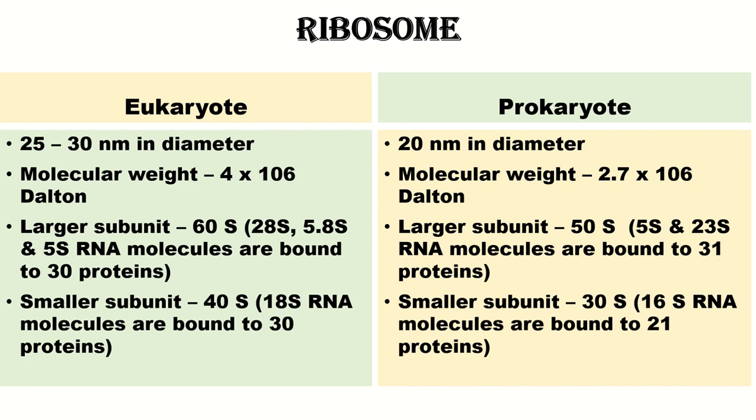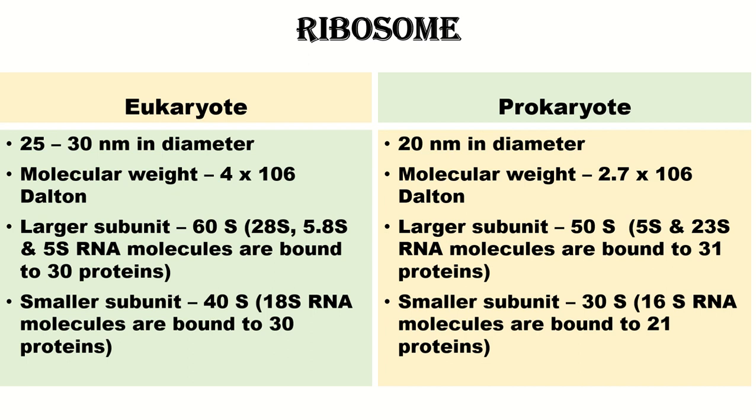In eukaryote, you see the larger subunit, the 60S subunit, has got 28S, 5.8S and 5S rRNA molecules, which are bound to 30 proteins. And the small subunit, the 40S subunit, contains 18S rRNA molecules and are bound to 30 proteins. Similarly, let's come to the prokaryote side.